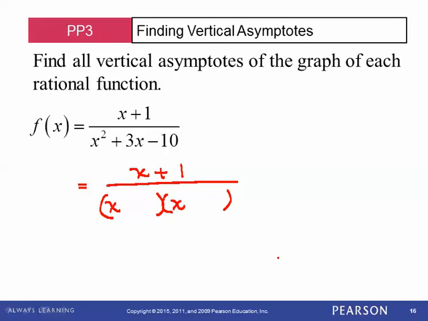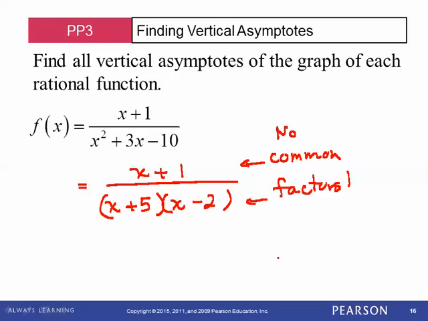It factors into (x plus 5)(x minus 2). And notice that nothing cancels, nothing reduces. So then I have two vertical asymptotes. There are no common factors here. At that point, I've got vertical asymptotes. Two of them, one is x equals negative 5. The other one is x equals 2.